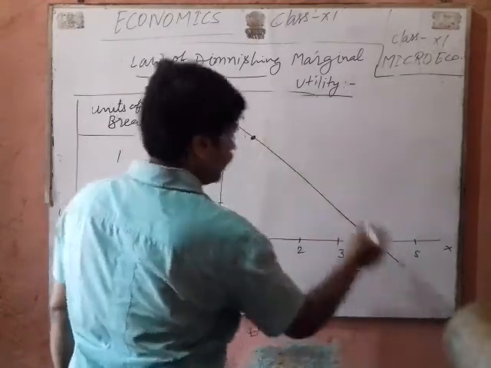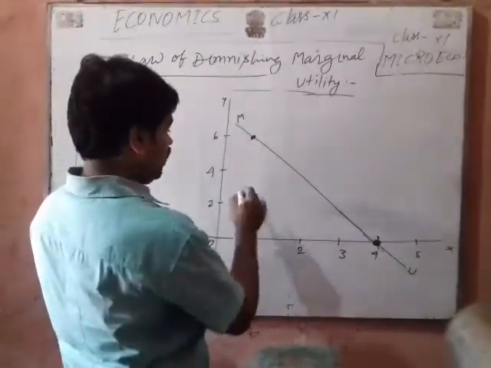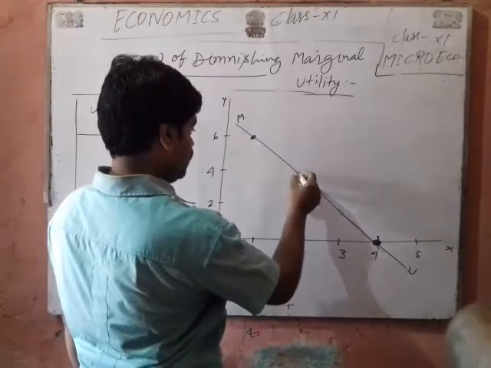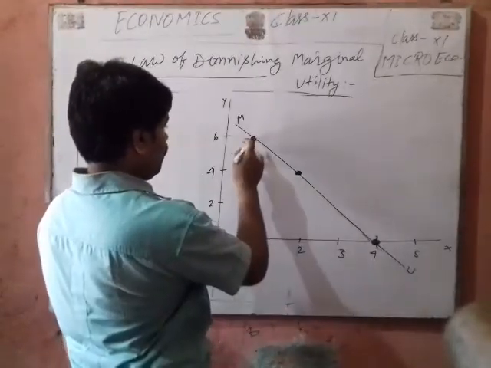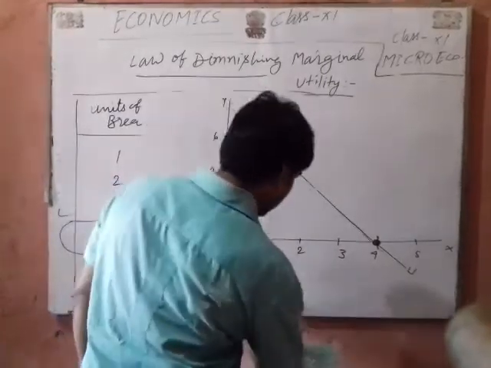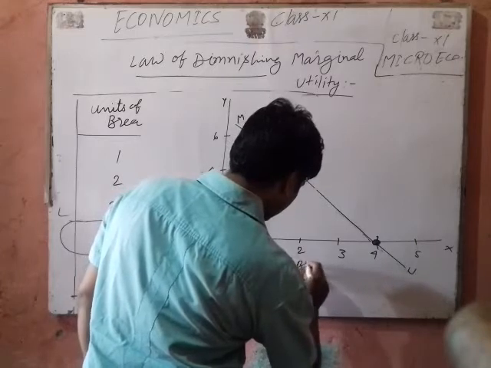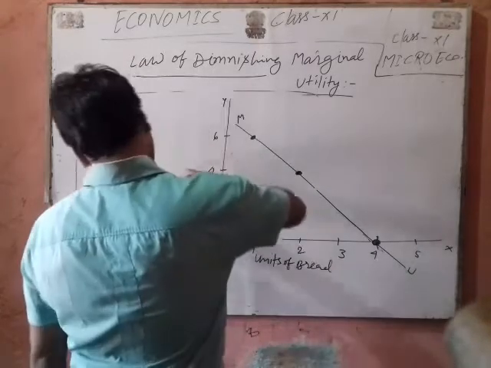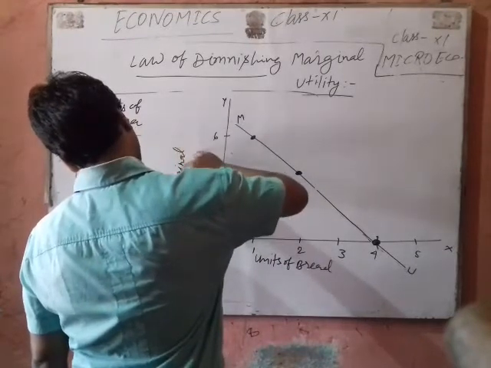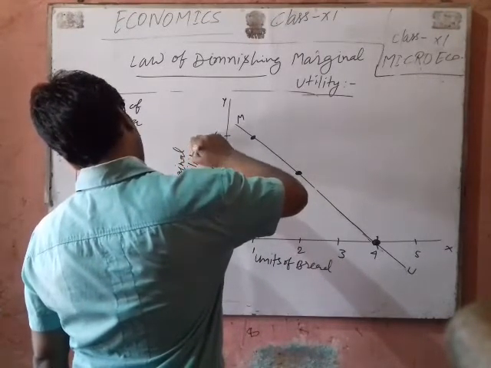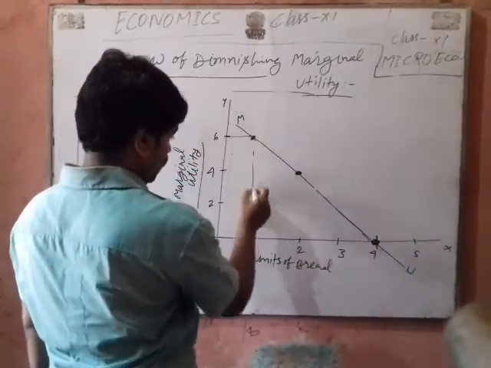It is the marginal utility curve, which is downward sloping. It shows that from the first unit of bread the consumer gets 6 utils.